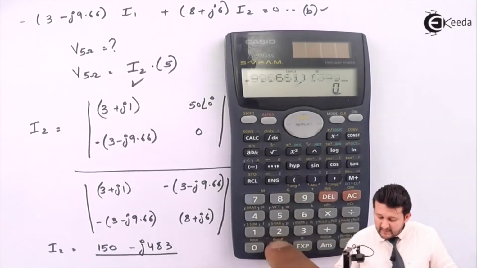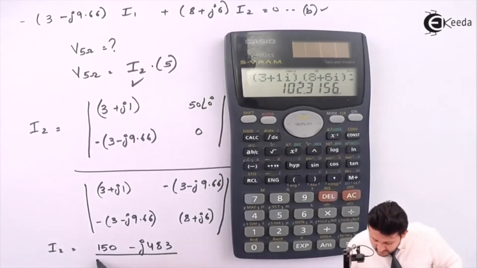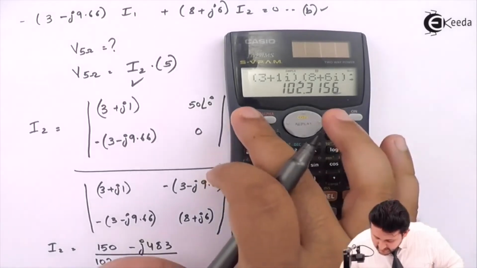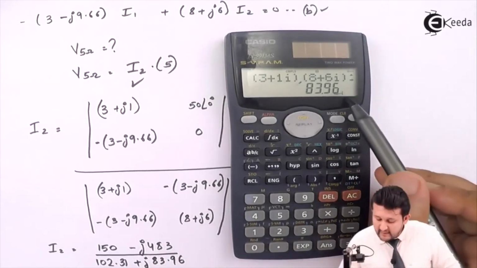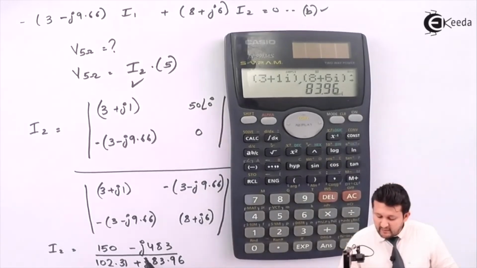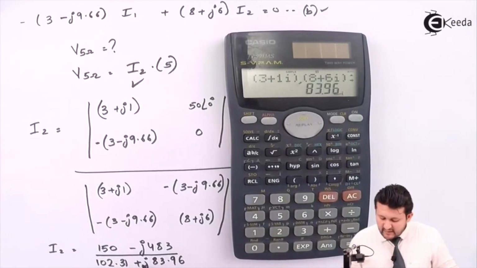Again 3 minus 9.66 I bracket close. So your value will be 102.31. Shift and equal to, for the imaginary part, will be plus J 83.96. In the calculator the I is after the number, while writing you have to write the J term before the number. So please make sure of that.